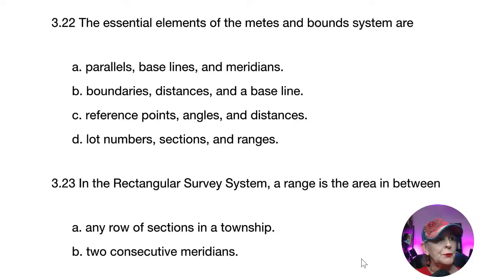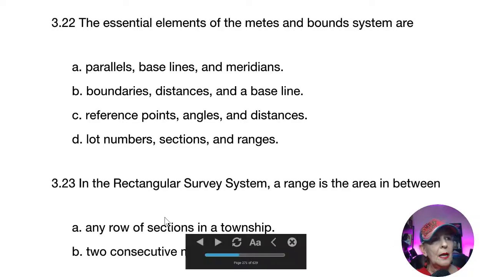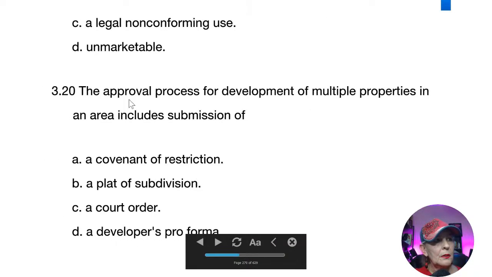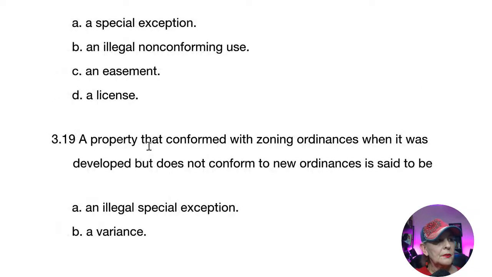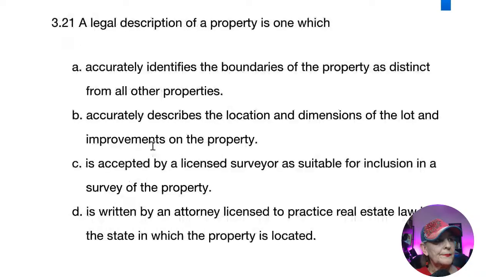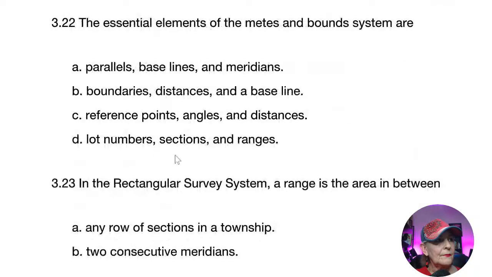Number 22. The essential elements of the metes and bounds system are A. Parallels, baselines, and meridians.